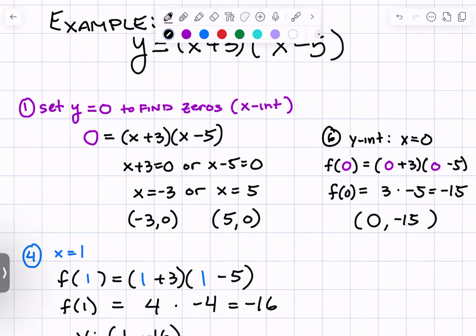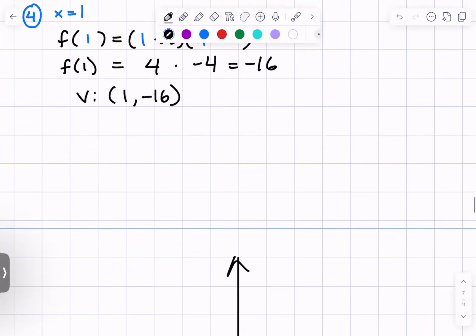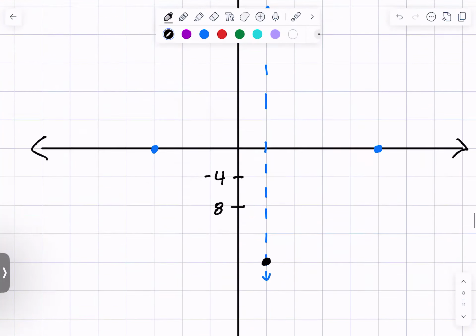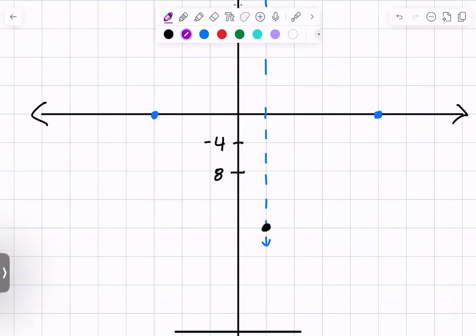Plotting that point on my graph, 0, comma, negative 15 is like right here. So here, I'm 1 unit away. So go 1 unit away. That's my 5th point.